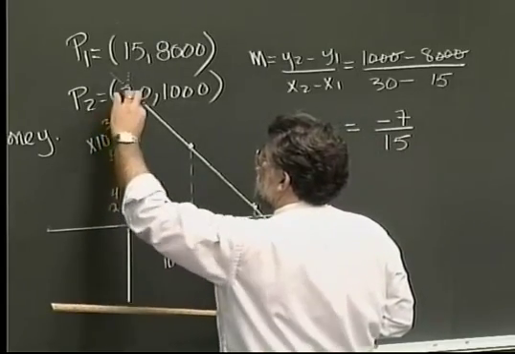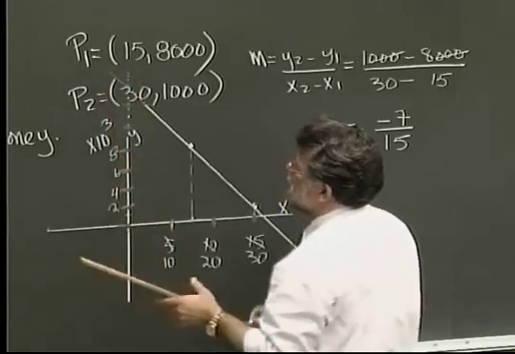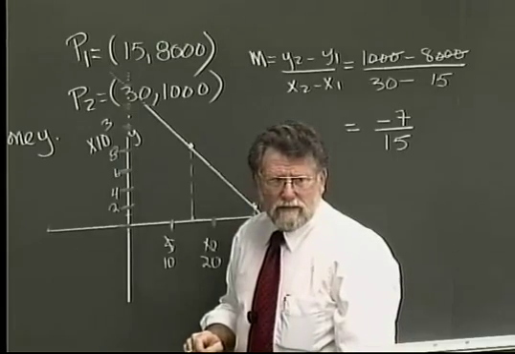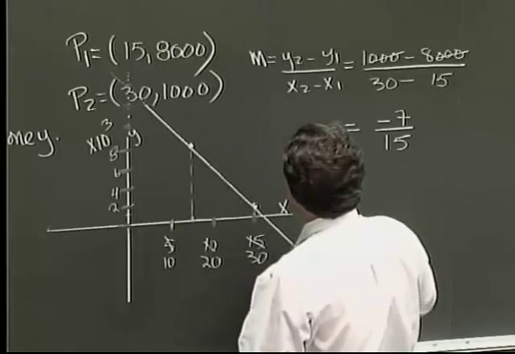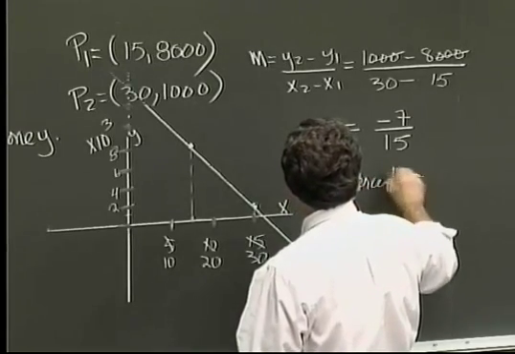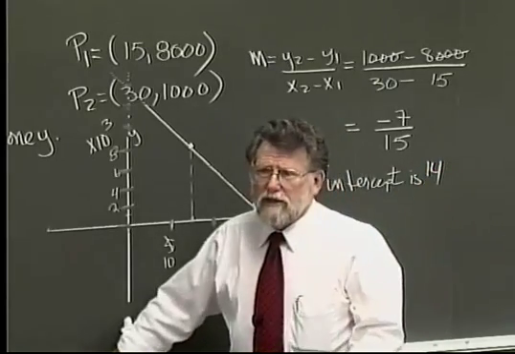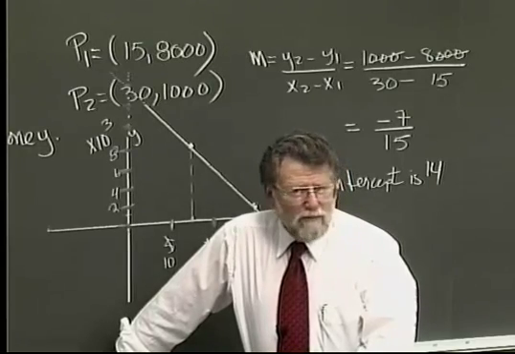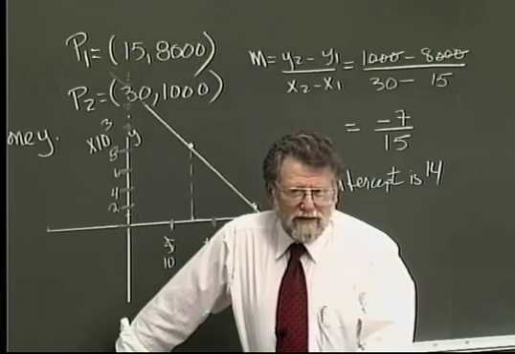Here, just make some more marks going up. And it looks like 10, 12, 14. Now, I'm just eyeballing. But it looks like the intercept is 14. What could I do immediately knowing the slope and the intercept? I mean, this is just one more step, and it's such an easy step.